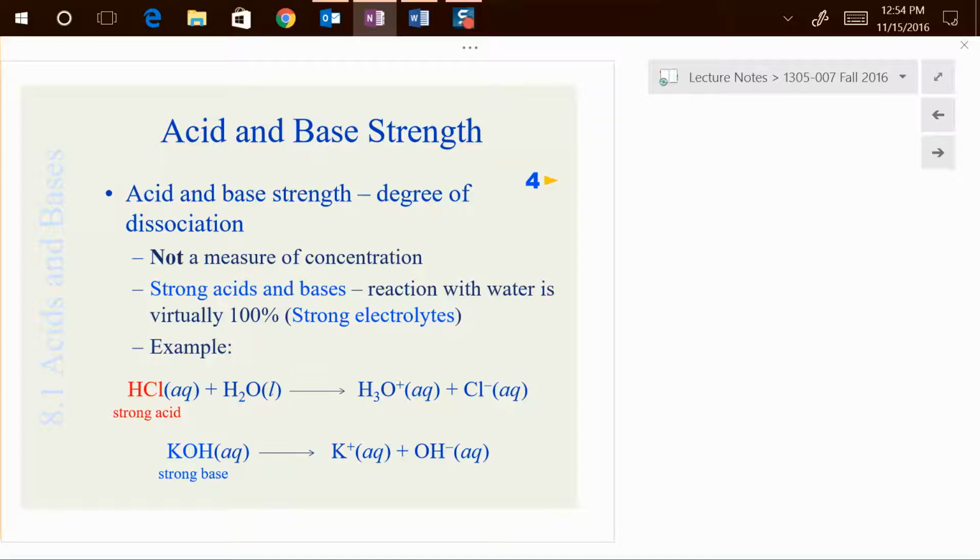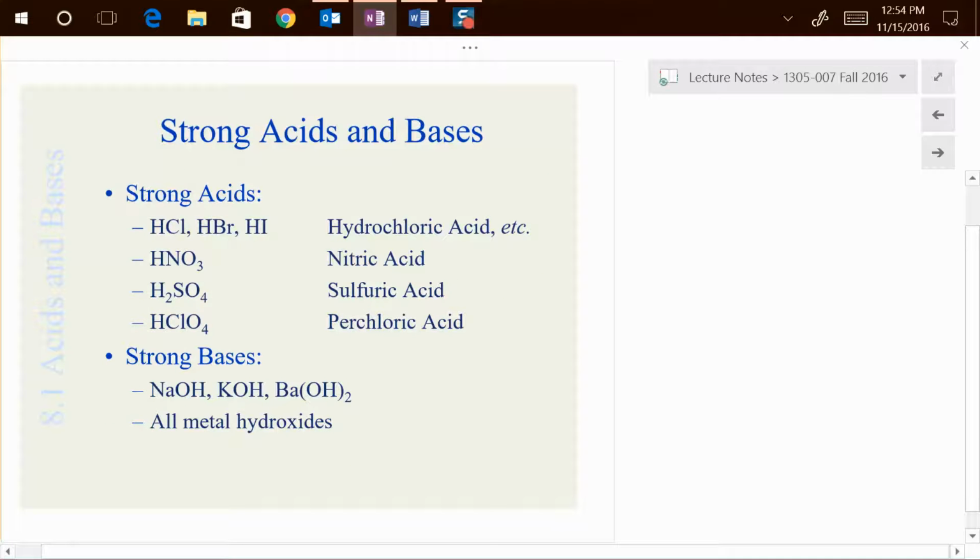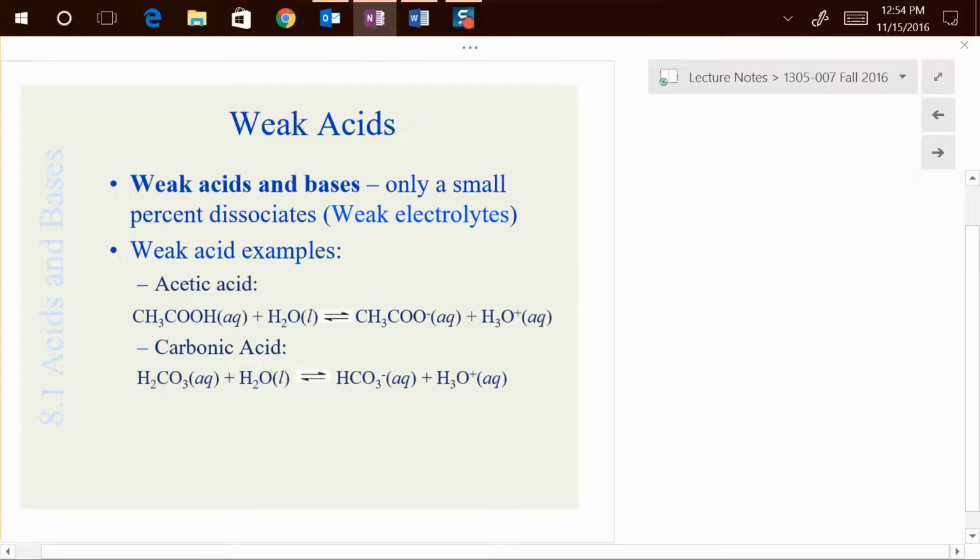If it's a weak acid or a weak electrolyte, it's only partially, a small percentage dissociates. Okay? And we consider it to be a weak electrolyte or a weak acid. So if it's an acid and it's a weak electrolyte, it's a weak acid because it doesn't dissociate the hydrogen 100%. It comes on and off. There's an equilibrium being established.